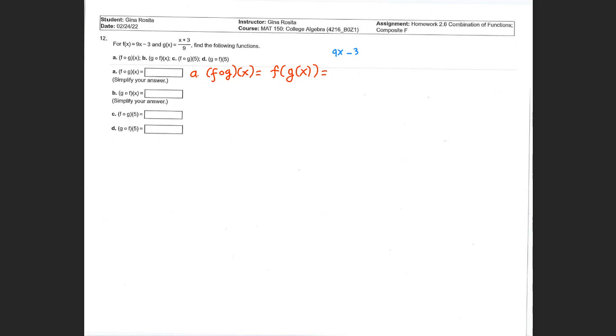Now you write 9, replace x with g of x, minus 3. After that, replace g of x. What is the function g of x? X plus 3 over 9, minus 3. You can cancel this one. So the answer becomes x plus 3 minus 3. So the answer is x.